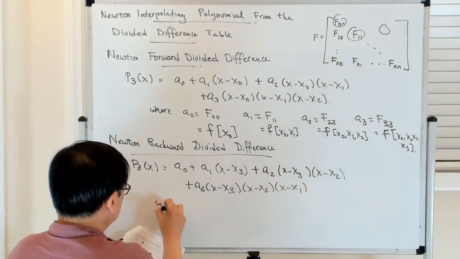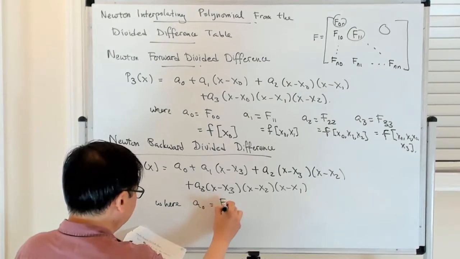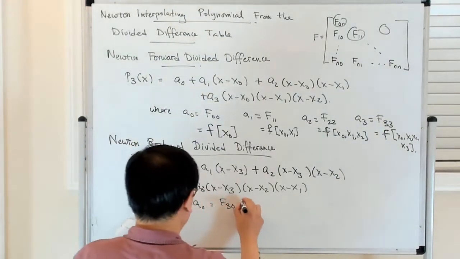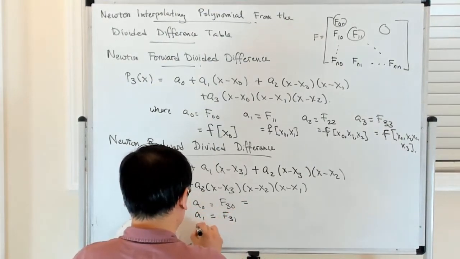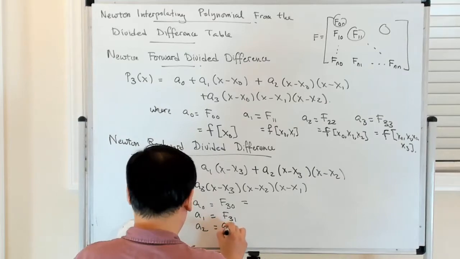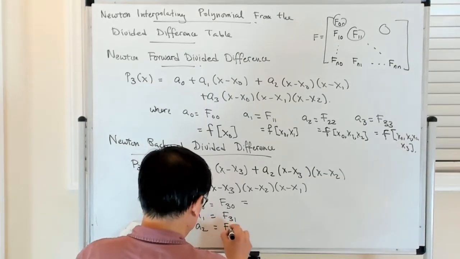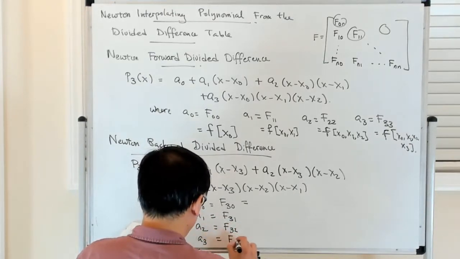And here the relevant entries are: a0 is f30, a1 is f31, a2 is f32, and a3 is f33.